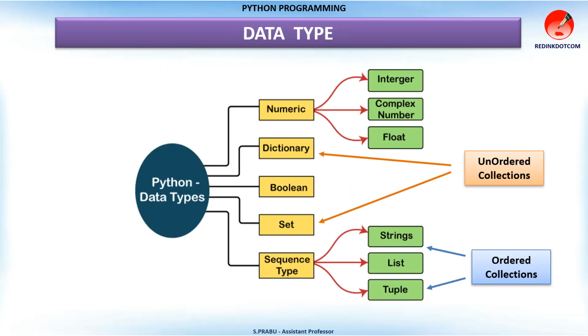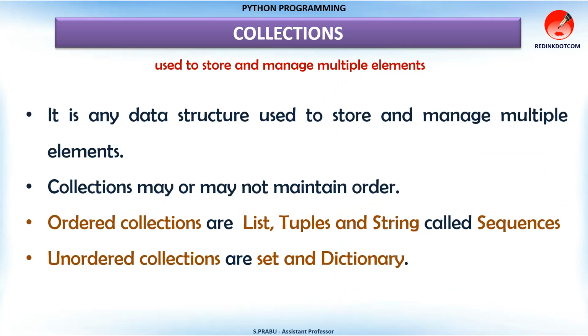We can broadly classify collections into two categories based on whether we maintain the order of elements or not: ordered and unordered collections. Ordered collections are called sequences because they maintain the order in which elements are added. Examples of ordered collections include lists, tuples, and strings.